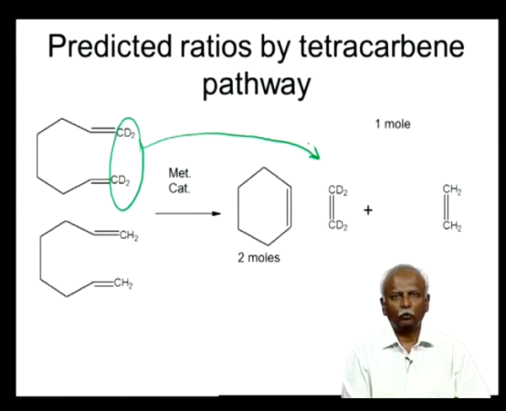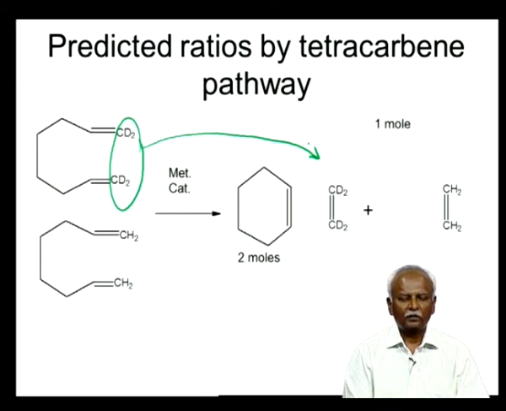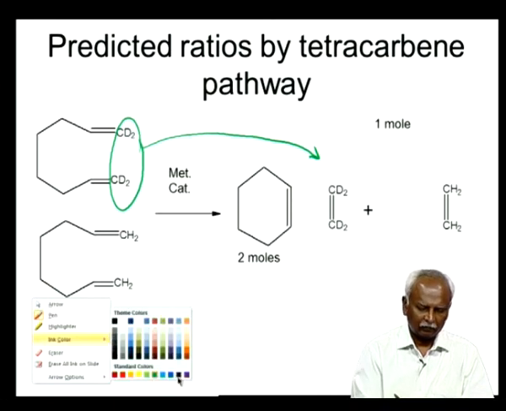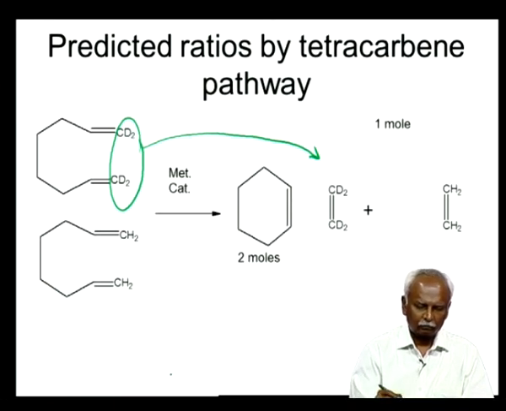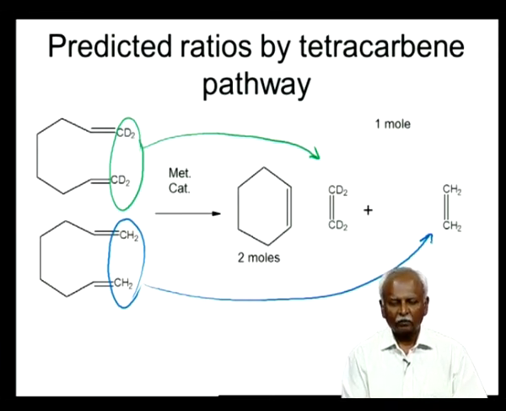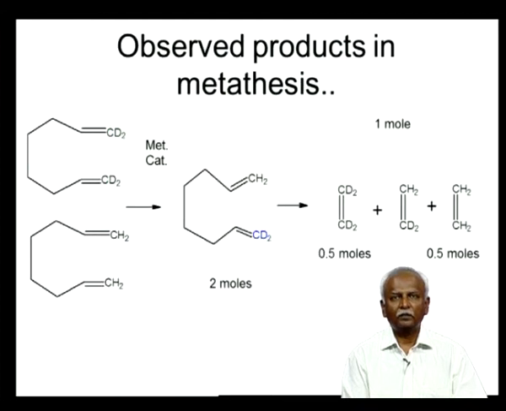If you have 1 mole of each of these deuterated and non-deuterated starting materials, you would get 1 mole of CD2=CD2 and, starting with the other, you would get 1 mole of the normal ethylene. On the other hand, if any other mechanism was operating, then you would get a mixture of products. In fact, this was indeed tried, and a mixture of these olefins was used for the metathesis reaction.